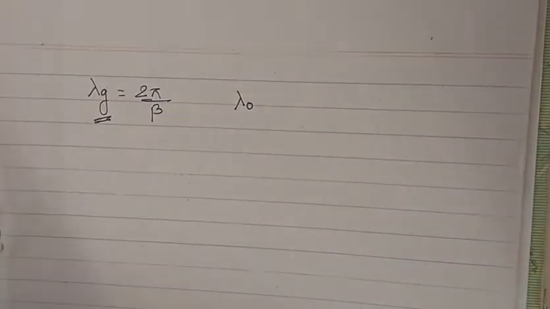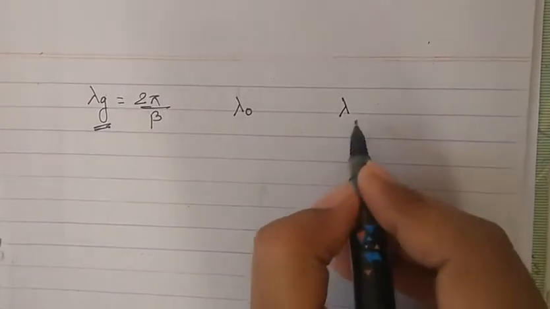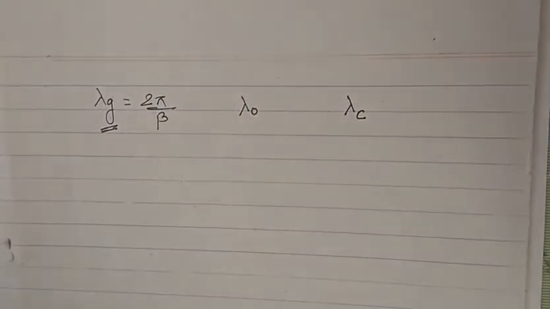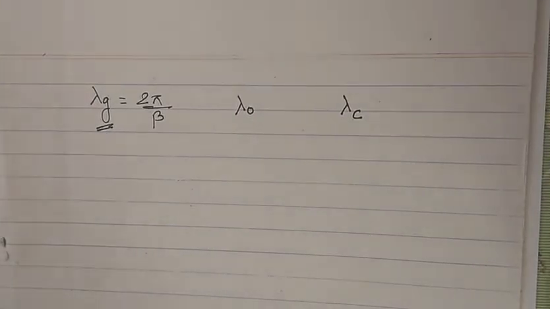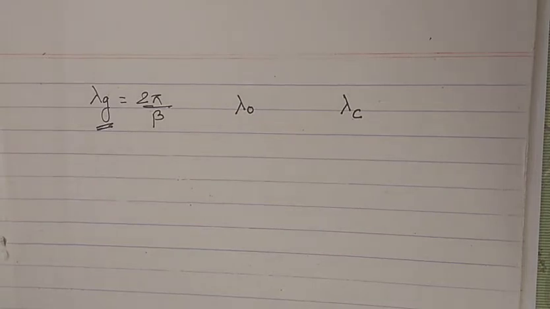This is the free space wavelength, and in the last lecture we obtained the expression for the cutoff wavelength lambda c. So in total you have three wavelengths in a rectangular waveguide: lambda g, the guide wavelength, lambda 0, the free space wavelength, and lambda c, the cutoff wavelength.